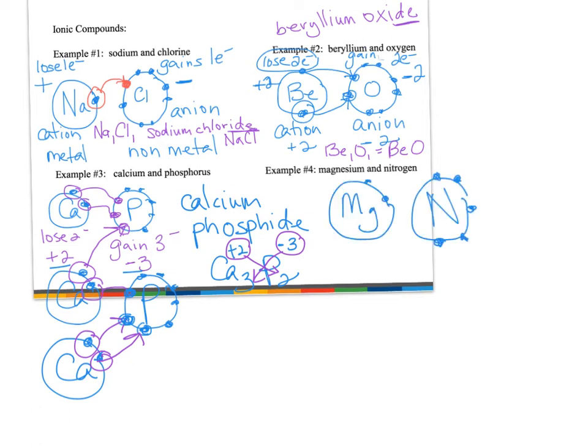So looking at magnesium, we see that it has 2 electrons in its outer shell. So that means in order to be stable, it wants to lose 2 electrons, and when you lose 2 electrons, your charge becomes +2.